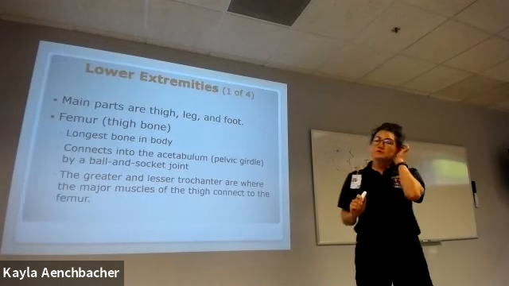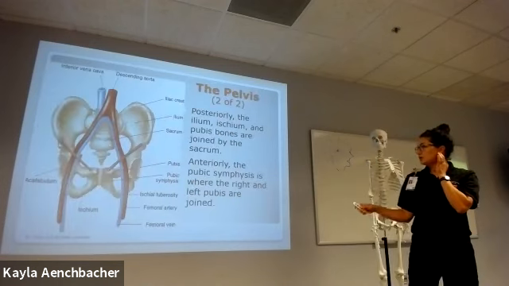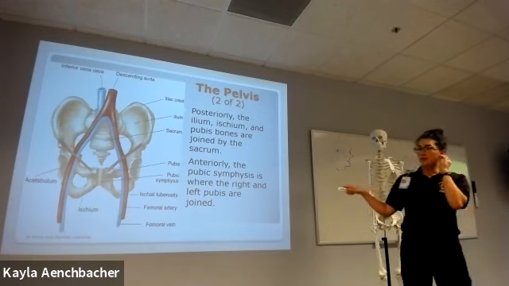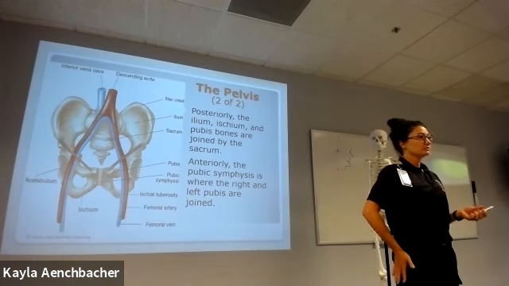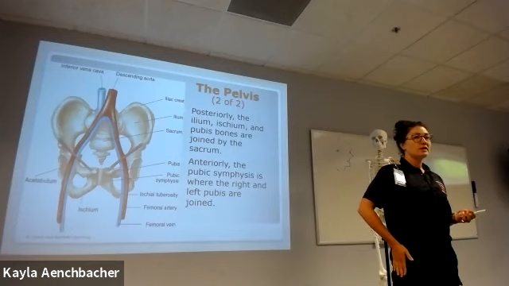All right, moving on to the lower extremities, your legs, okay? So you notice here, this is where our hip socket is. We're going to have that ball and socket joint for the pelvis.